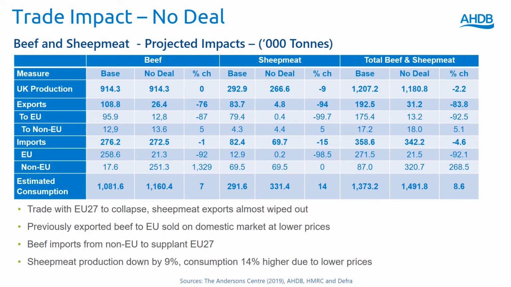However, when we come to a no deal, the impact is quite a bit more substantial, particularly when we look at the sheep meat sector. So if we look at exports of sheep meat going into the EU27 market, because there's very little access via TRQ into that market, and because tariffs are being applied, then trade to the EU27 essentially collapses almost.